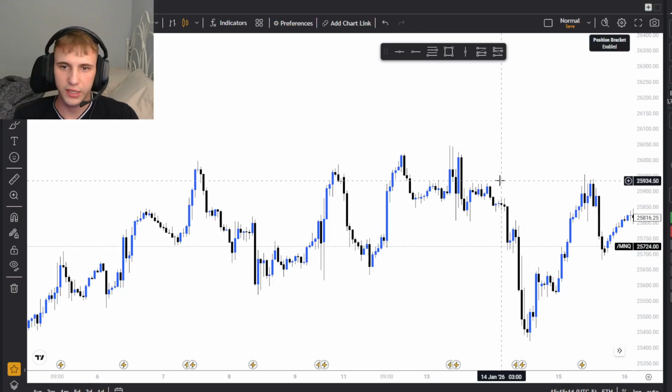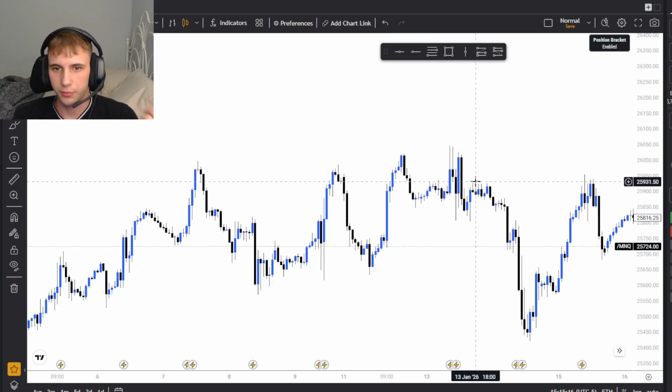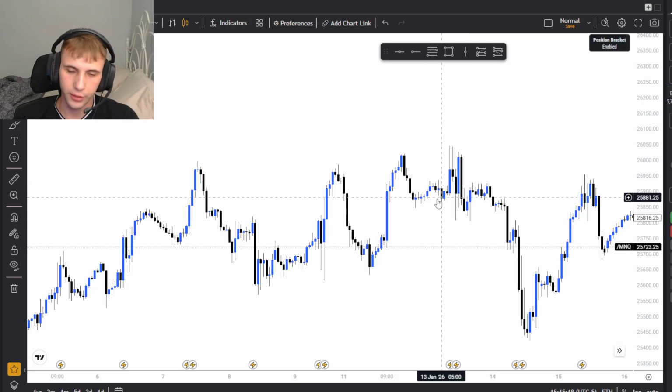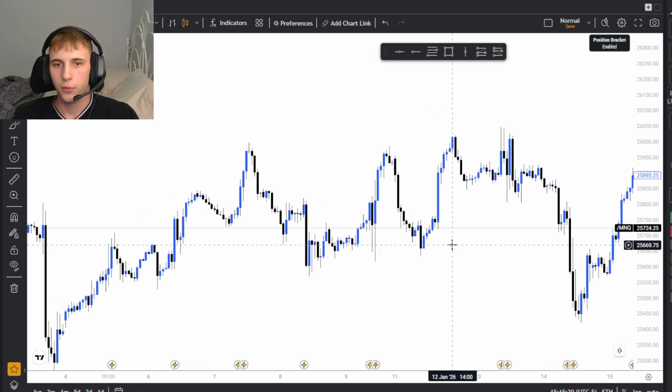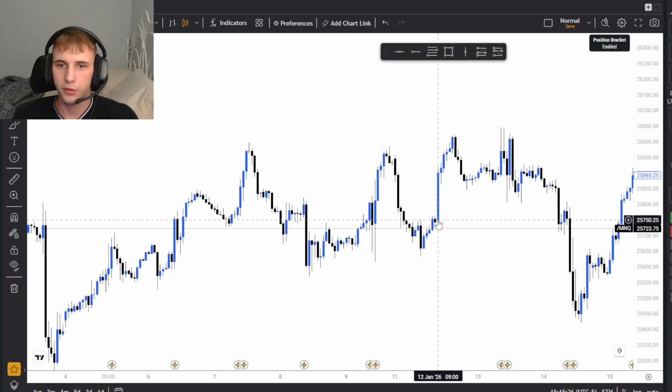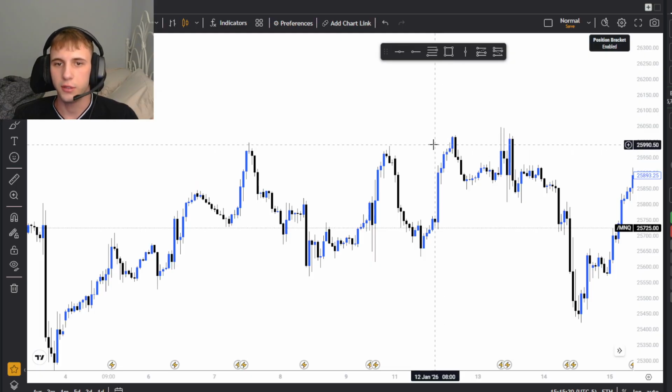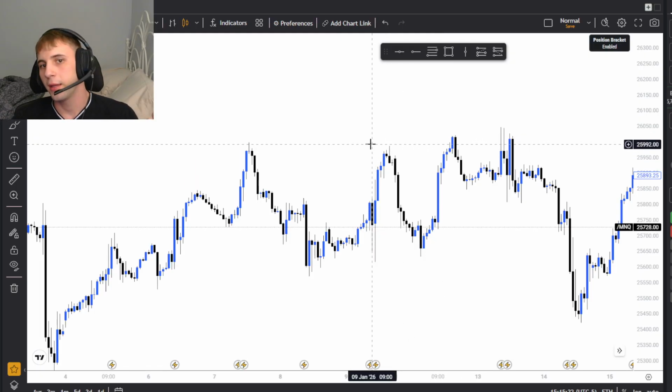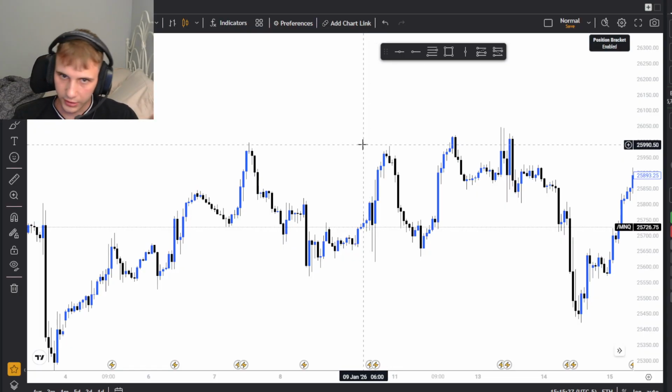And again, it's purely psychological, because people understand that price is drawn to liquidity. What happens? Price goes up, it goes up, it goes up, until we hit this liquidity. And the reason why price is drawn to this liquidity is because that's where people predict that price may want to go.